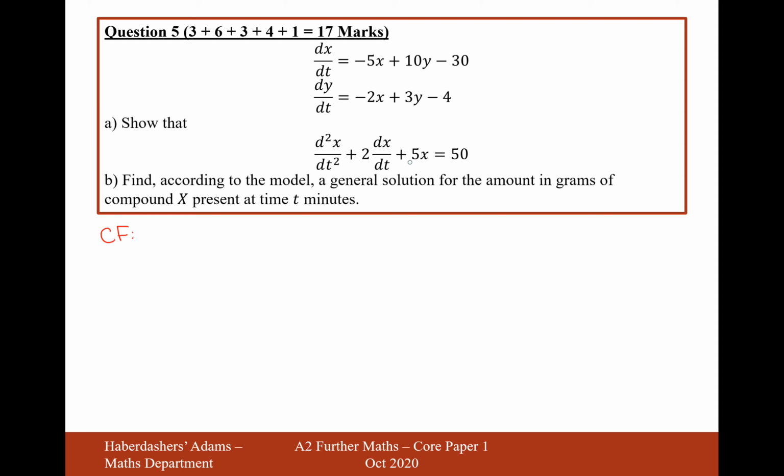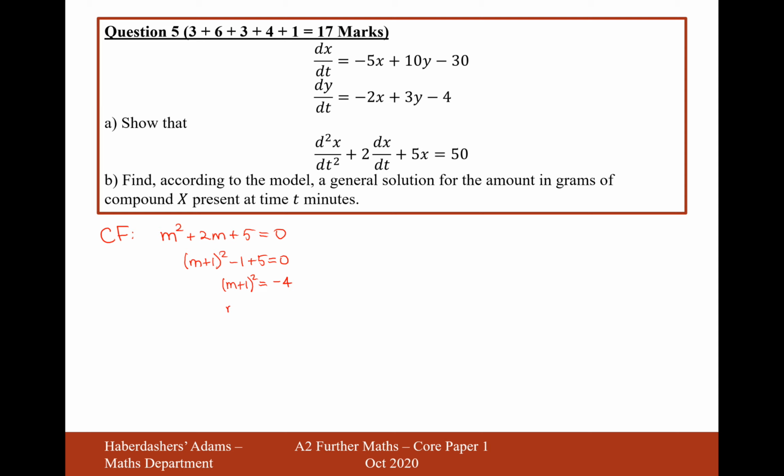So the complementary function is going to start with the quadratic, the auxiliary equation, m squared plus 2m plus 5 equals 0. And the roots for this, we will need to complete the square, m plus 1 squared minus 1 plus the 5 equals 0. Let's move that thing onto the other side, so it's m plus 1 squared equals minus 4.